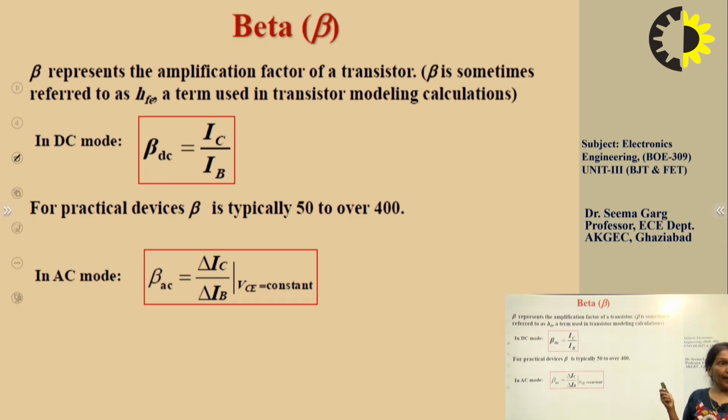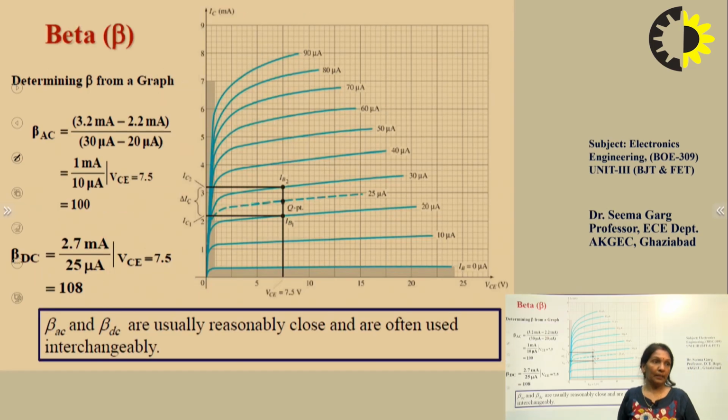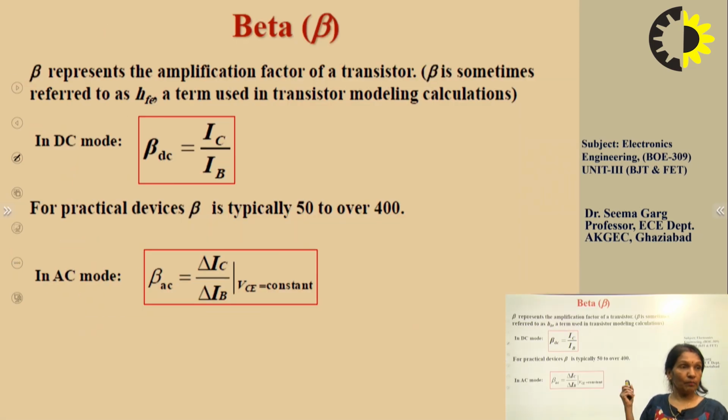So here beta is the amplification factor which is used in case of the common emitter amplifier, and there are two terms, beta DC and beta AC. Beta DC is in case of the DC mode, and beta AC is defined in the AC mode.